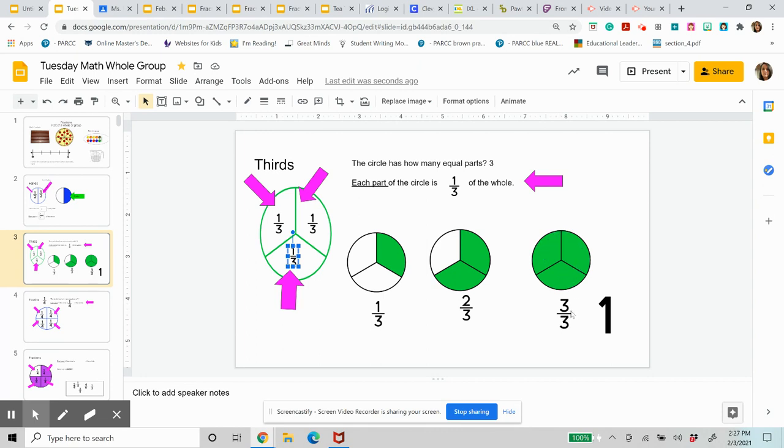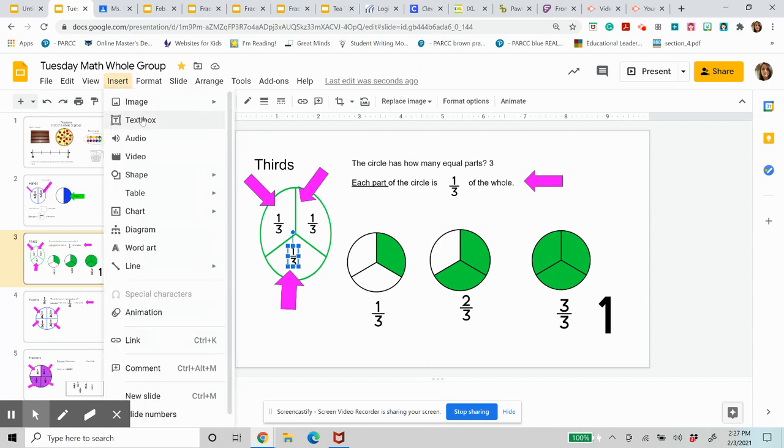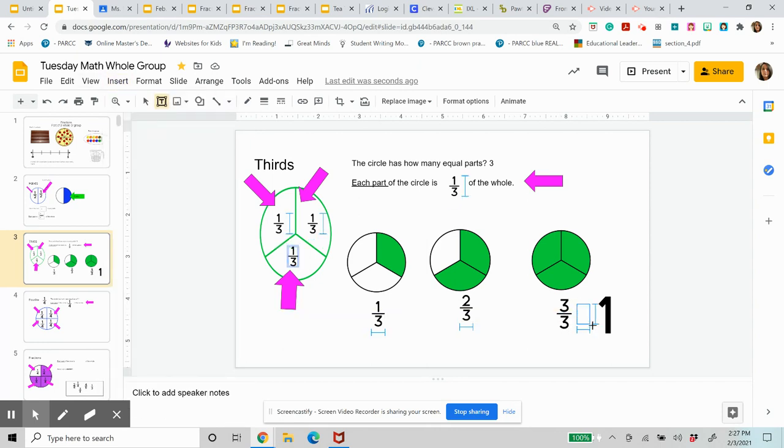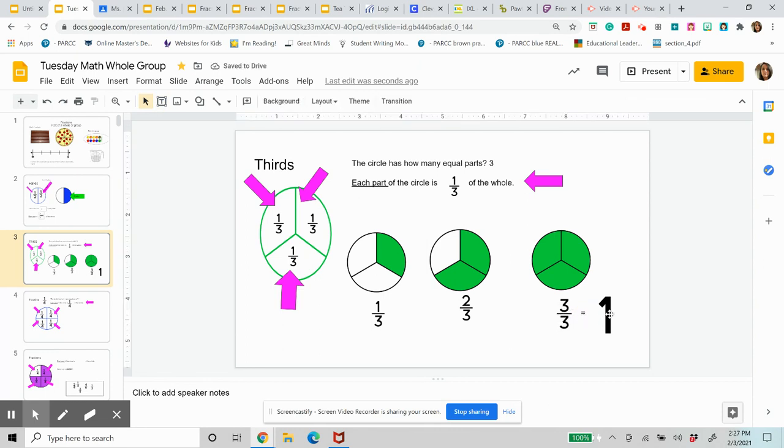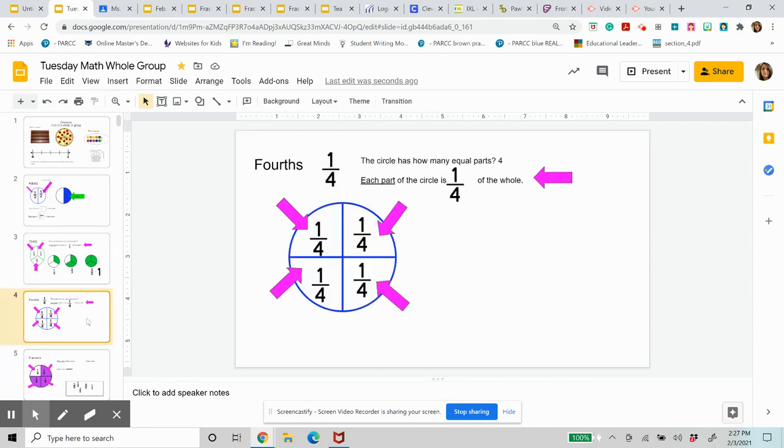So 3 parts out of the 3 parts are shaded in. So 3/3, which is also equal to 1 whole. Okay? Put that equal sign there. Because a lot of times we don't say, oh, we ate 3/3 of the pizza. We'll say we ate the whole pizza. But really it is saying 3 out of 3.